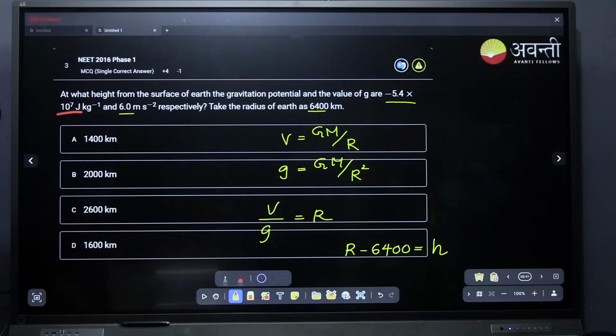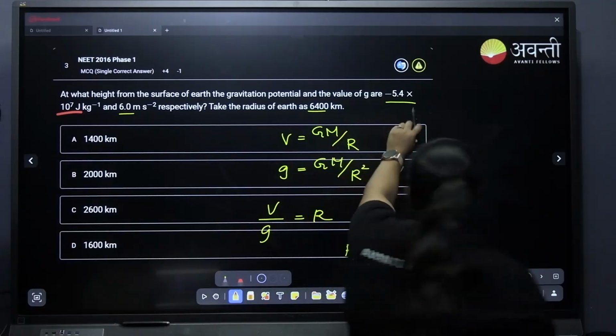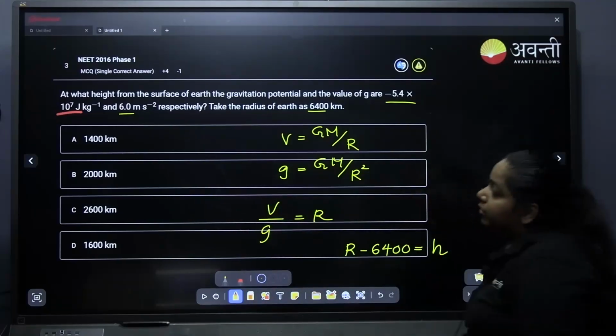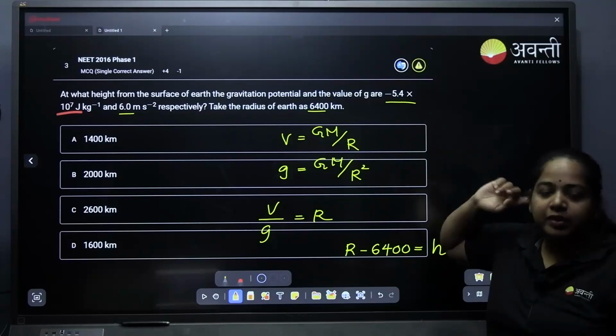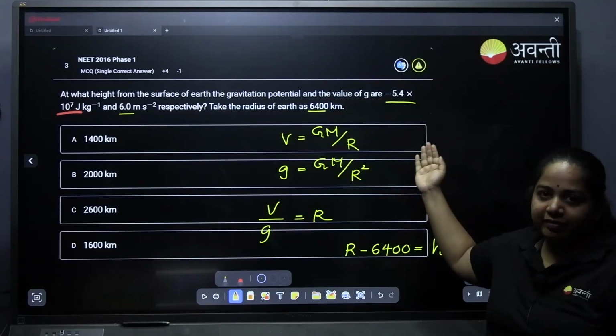Did anyone get the answer for this? Actually minus 5.4 into 10 to the power 7 divided by 6, so that you will get 0.9 into 10 to the power 7.